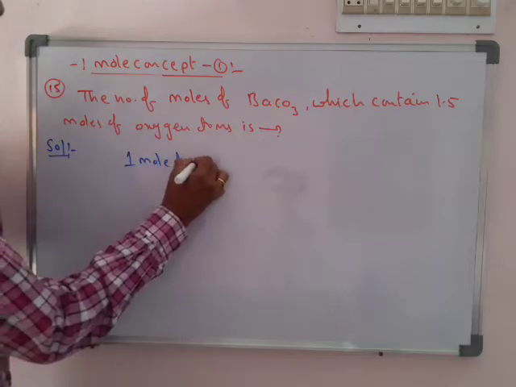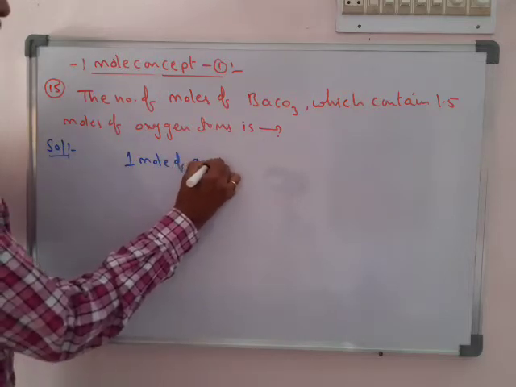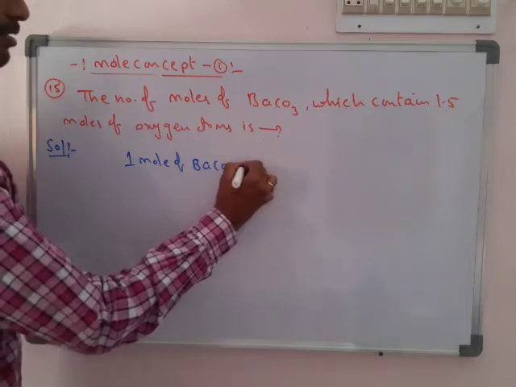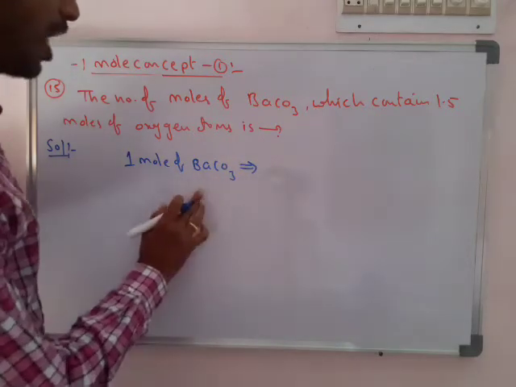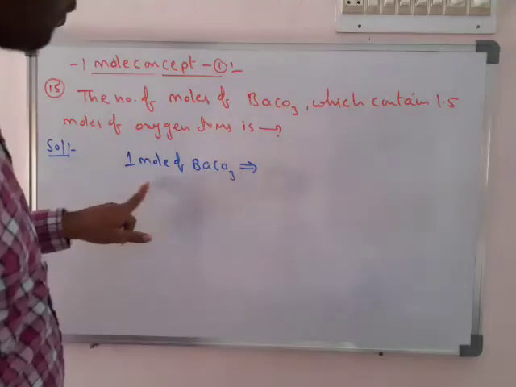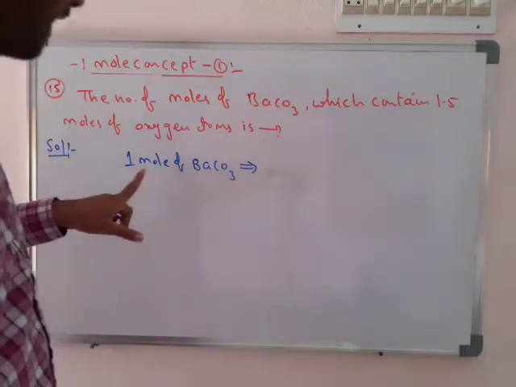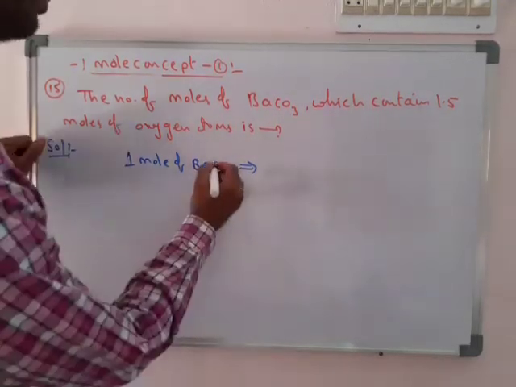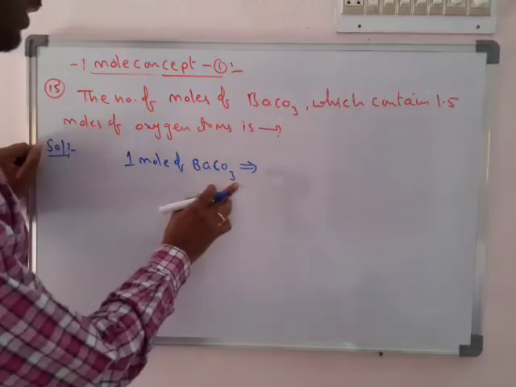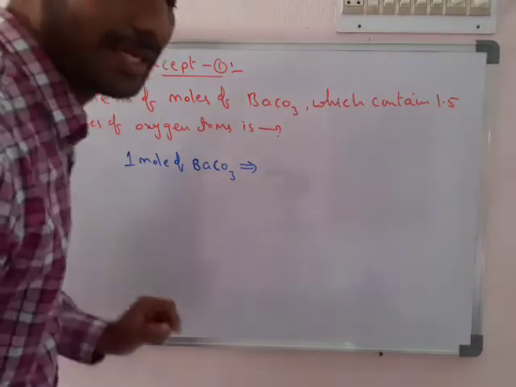So for example, if you take 1 mole of barium carbonate, how many bariums does it contain? 1 mole barium. It contains 1 mole carbon. It contains 1 into 3, 3 moles of oxygen atoms.